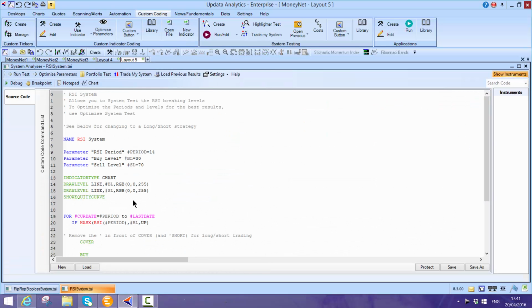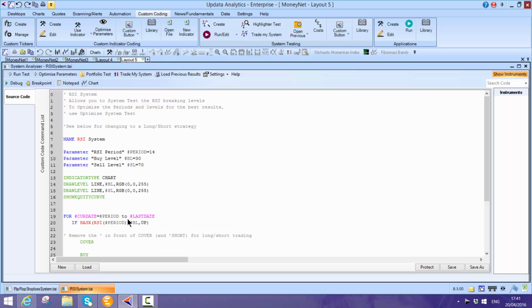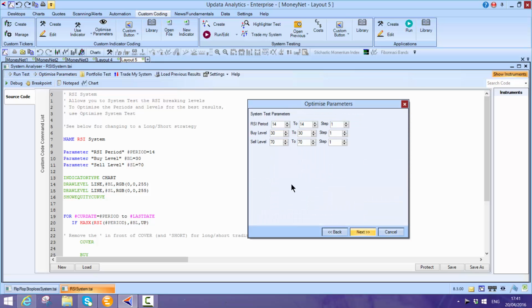So here's the code for it. What I'm saying here is when the RSI crosses through the levels, these are my parameters, and I can optimize that. So this is the RSI period, the buy level, and the sell level. And so if I go and optimize those parameters, I'll do a quick optimization, and I want to test the RSI between 5 and let's say 21 days.